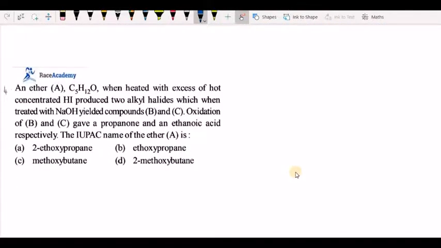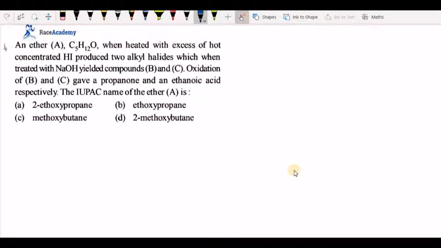Let us move to the next question. In an ether, the formula given is C5H12O. When heated with excess of hot concentrated HI, it produces alkyl halides.